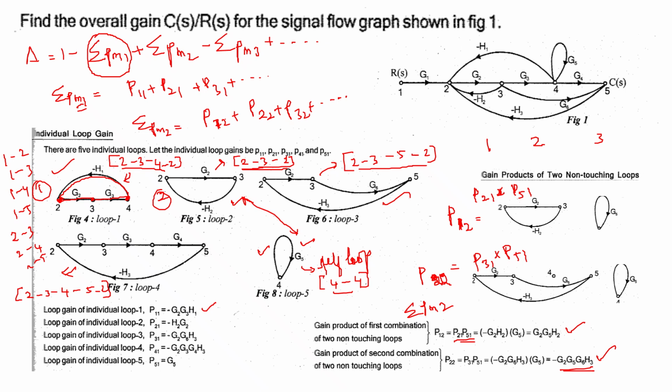Similarly, we check 1, 3, 4; 1, 4, 5; 2, 3, 4; 2, 4, 5; and 3, 4, 5. In every case there is at least one common node, so sigma PM3 is 0.